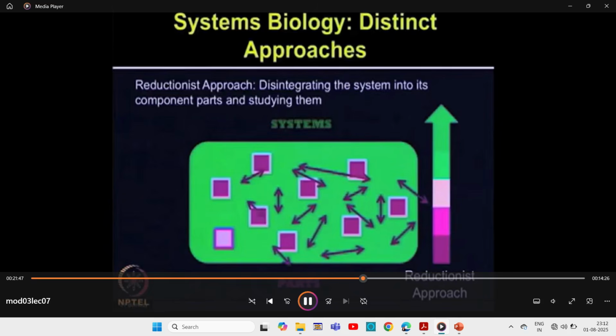The reductionist approach is disintegrating the system into components and then studying them part by part. You just study the genome, just the protein, just the RNA. Or with organelles, you study one specific organelle first and then the other organelle, and how exactly they are interact with each other. So part by part you study, and that is called the reductionist approach.